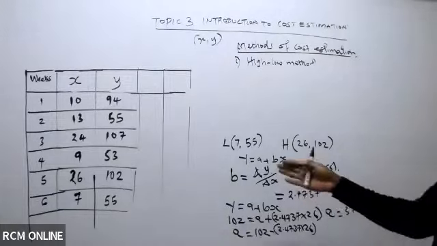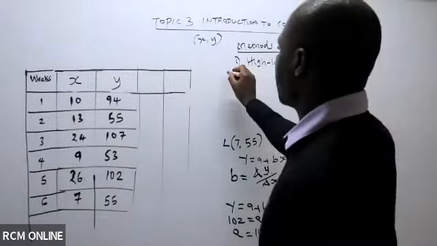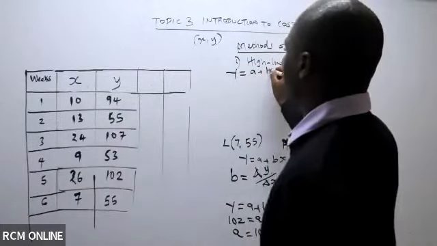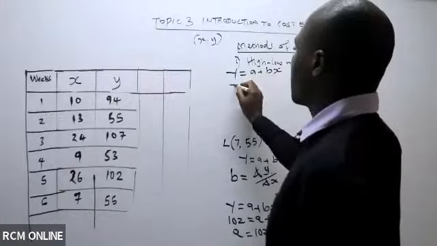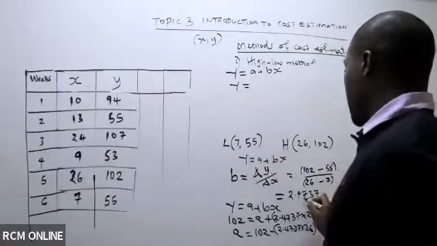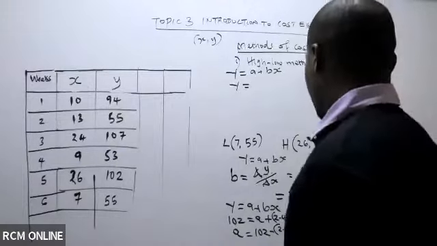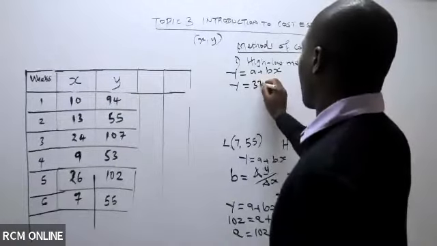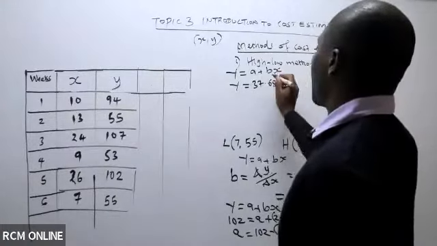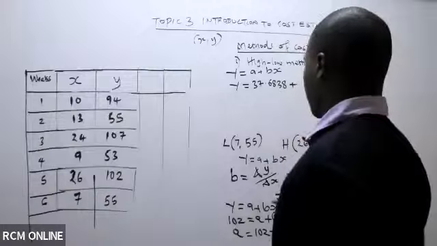Great. So let's now go ahead and have our cost function. We say it is in the form of y equal to a plus bx, right? So y, our cost function will be y equal to a. What is the value of a? 37.6838 plus bx.